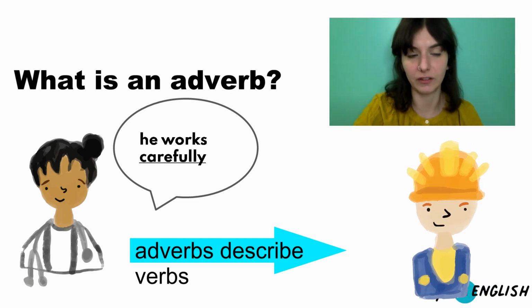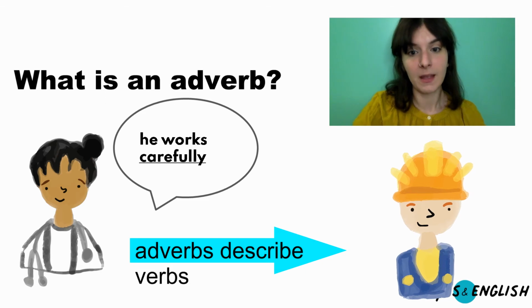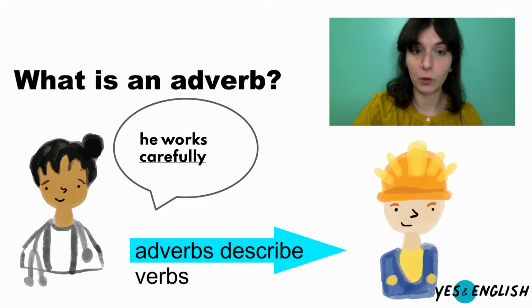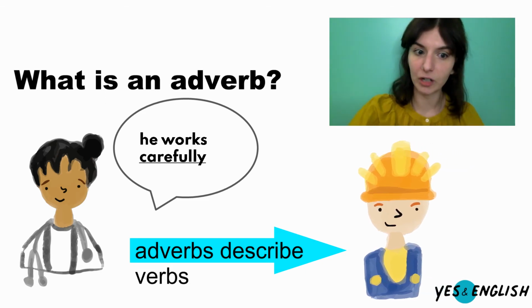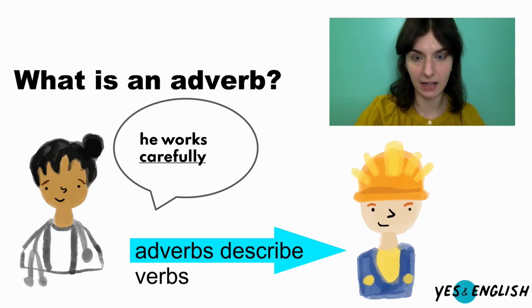He works carefully. So, a lot of grammar books will also tell you that adverbs usually end with ly. You can recognize them because they end with this ly ending, but that isn't always true.